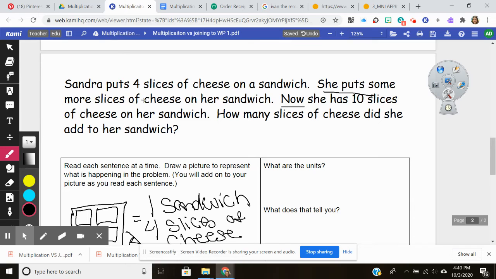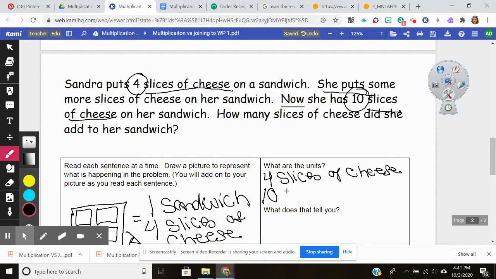So now I'm going to think about what are the units. So I have my quantity of 4 slices of cheese. So again, I'm going to write 4 slices of cheese. And then here's my other quantity, 10 slices of cheese.